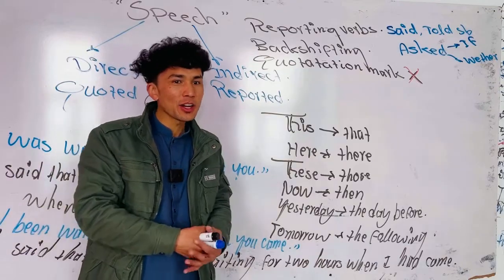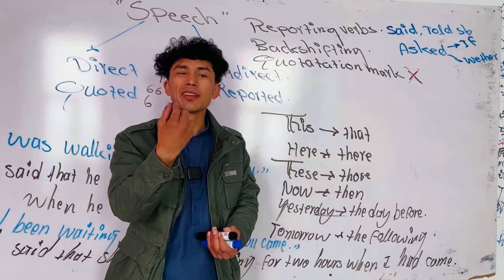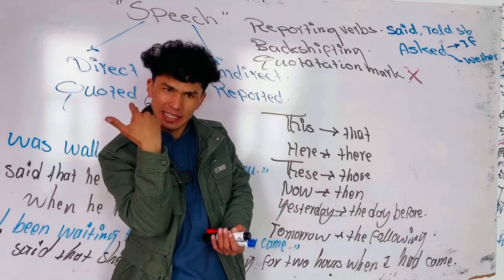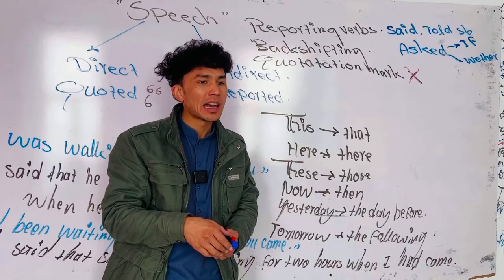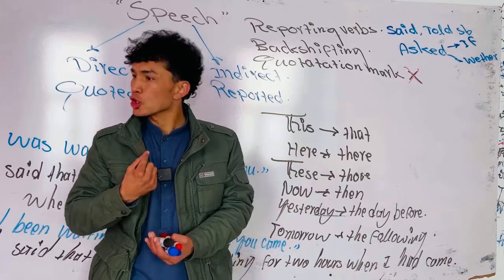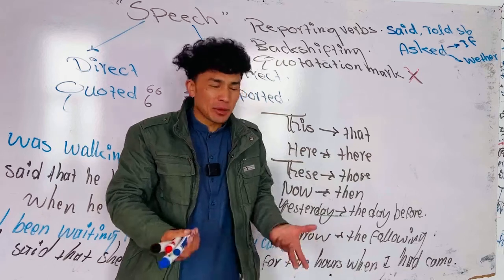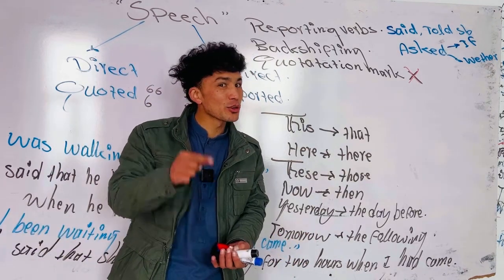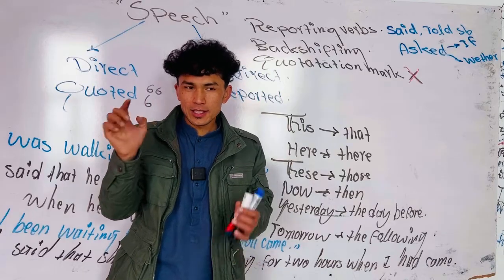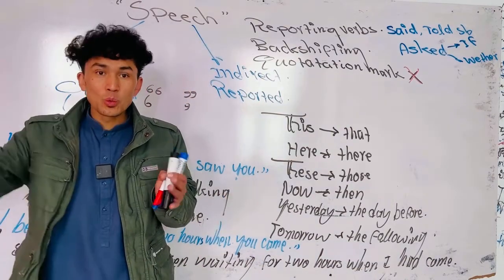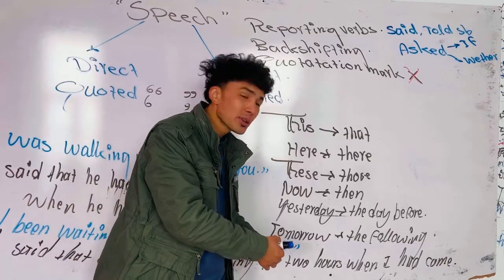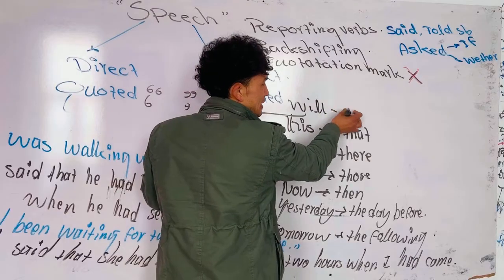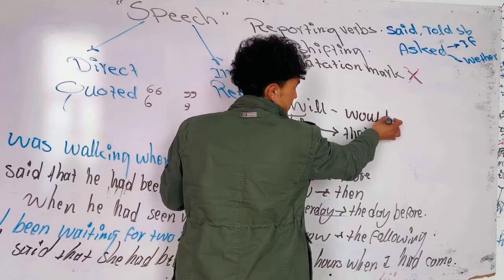Yesterday: I wrote a letter to you yesterday. The teacher said that he had written a letter to me the day before. Tomorrow: we will come to class tomorrow. The teacher said that they would come to class the following day. Correct.